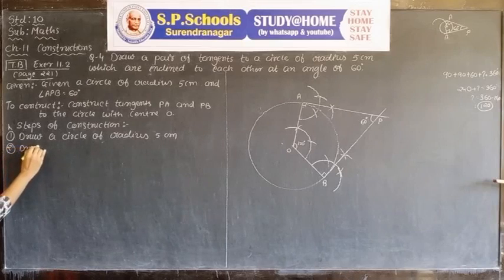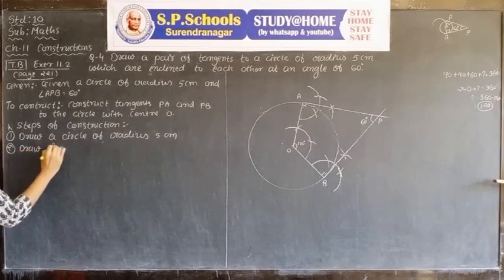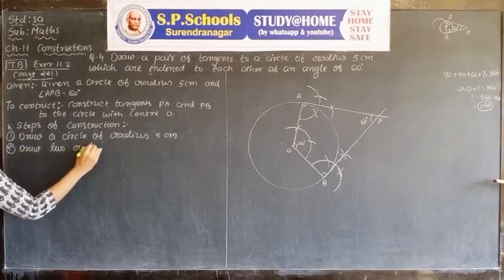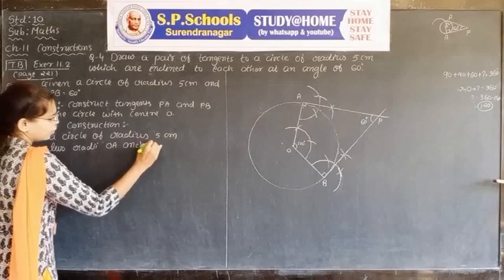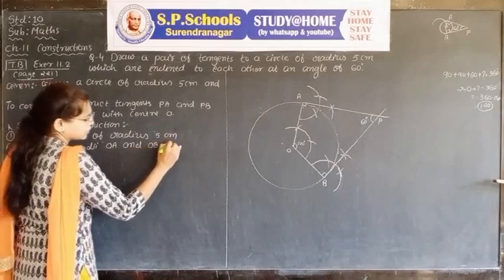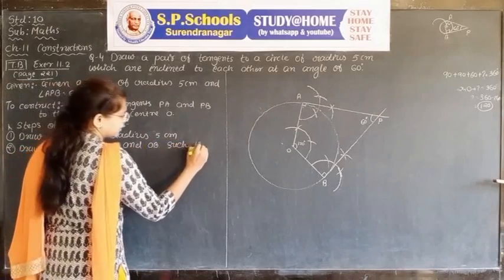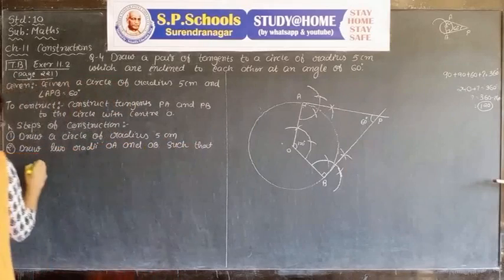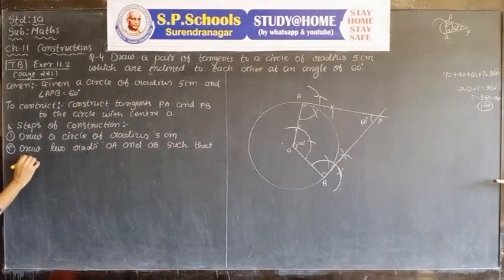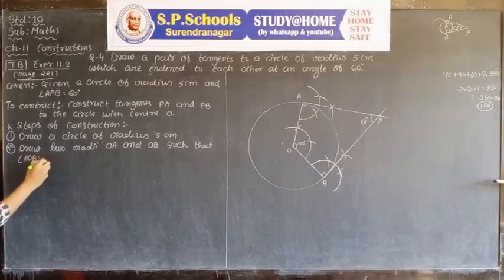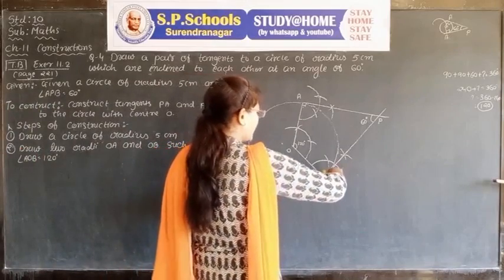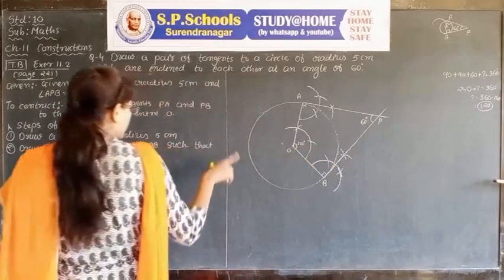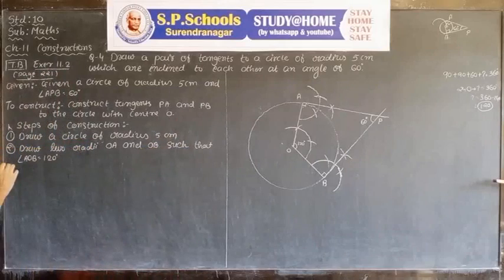Draw two radii OA and OB such that angle AOB is equal to 120 degrees. Now completed.